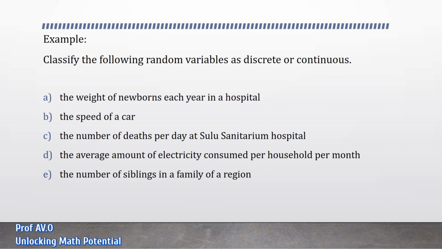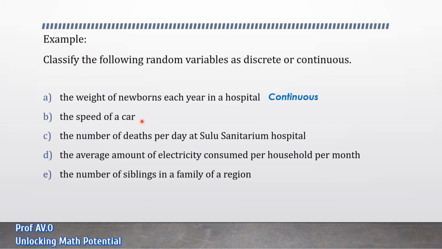Now, let's try to classify the following random variables as discrete or continuous. So letter A, the weight of newborns each year in a hospital. So when we talk about weight, height, temperature, or it talks about time, meaning it is continuous.